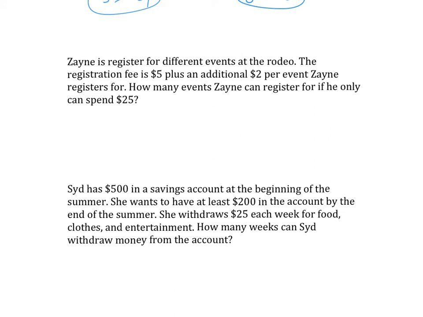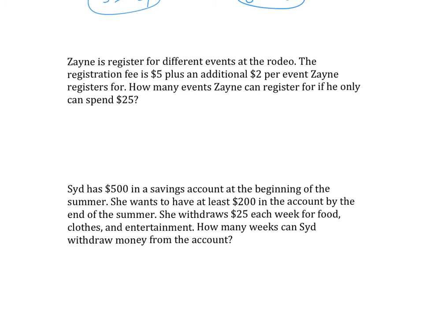Zane is registered for different events at the rodeo. The registration fee is $5 plus an additional $2 per event that Zane registers for. How many events can Zane register for if he only can spend $25? Okay, so let's go back and look at some different pieces here.